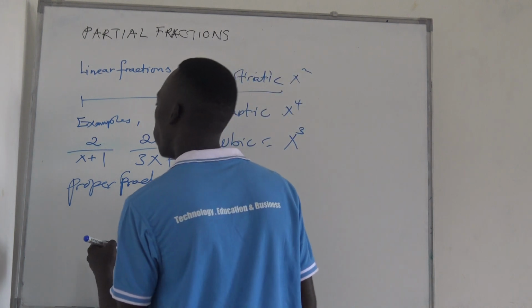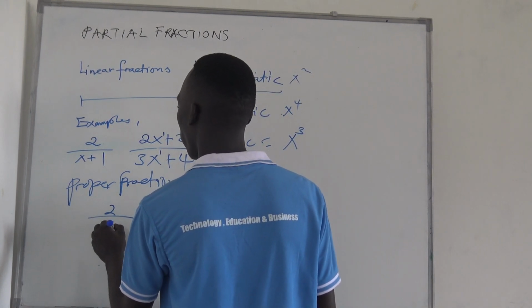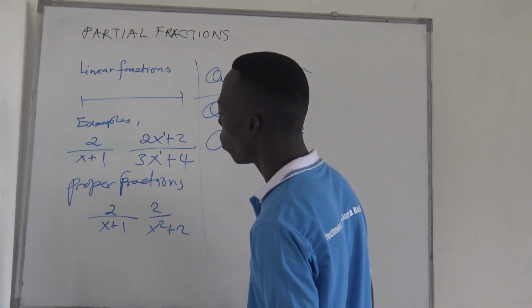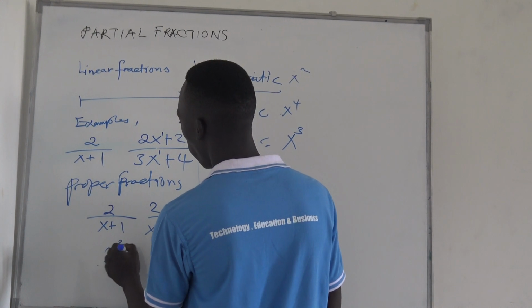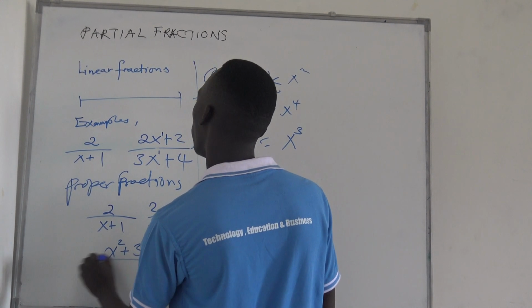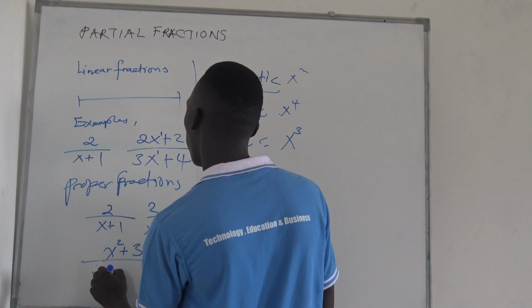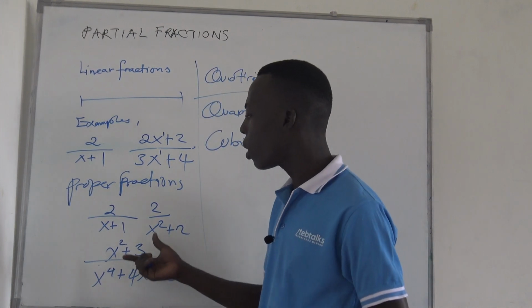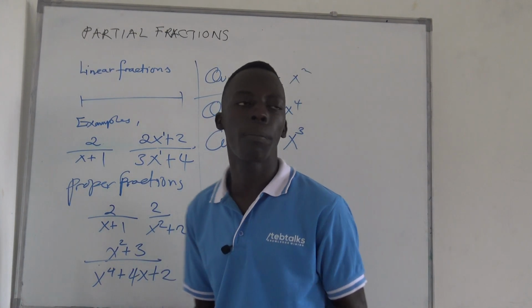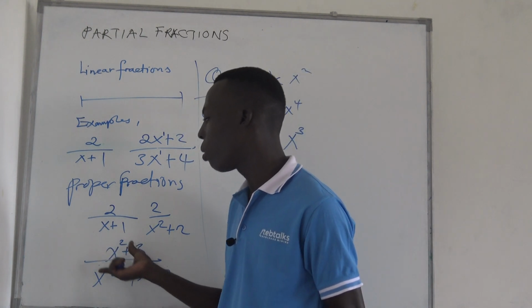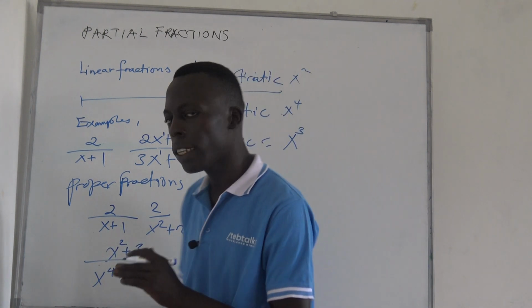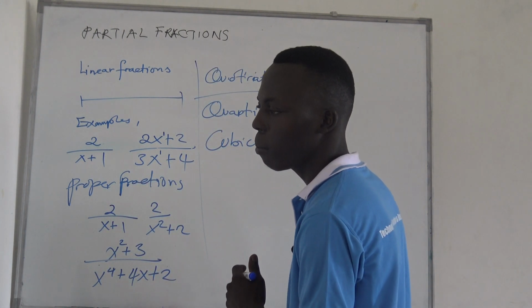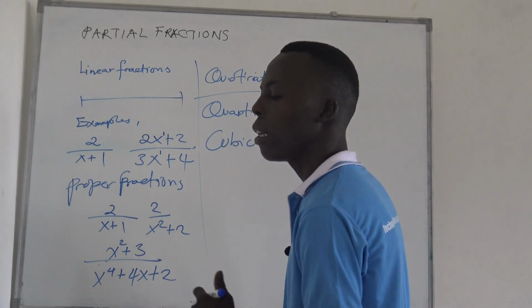You may find that it is 2 out of x plus 1, or 2 out of x squared plus 2, or it may be x squared plus 3 divided by x power 4 plus 4x plus 2. So for this one, what we call a proper fraction, is because the degree of the numerator is less than the degree of the denominator. So that one gives us the name proper fraction.